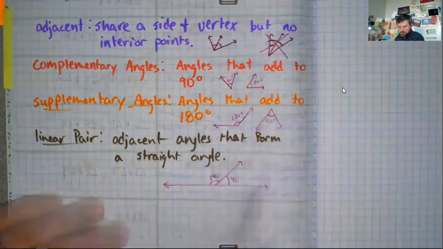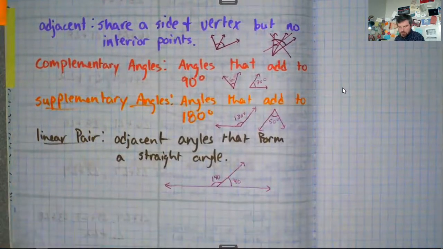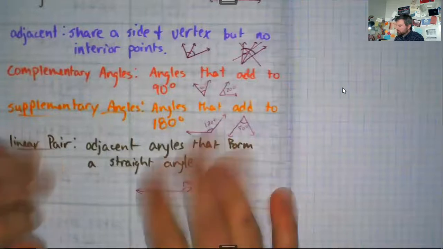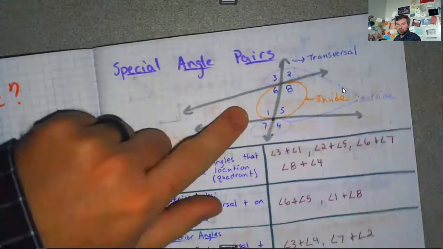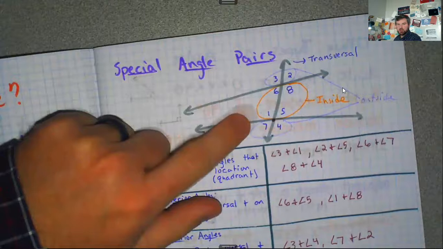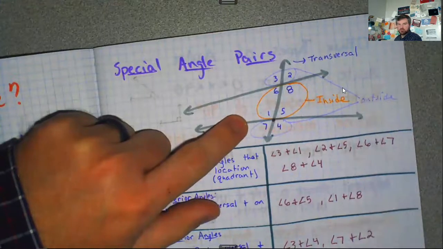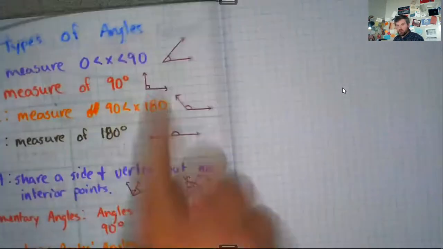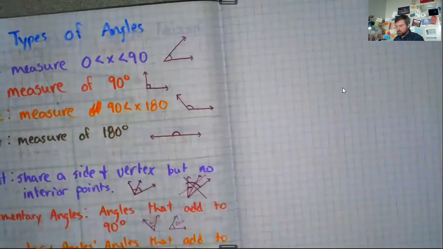a straight line. All right, so we can apply these to geometric pictures like this. Okay, and we can see which ones add up to 90 or which ones add up to 180, based on the pictures. Remember, a little square here means 90.